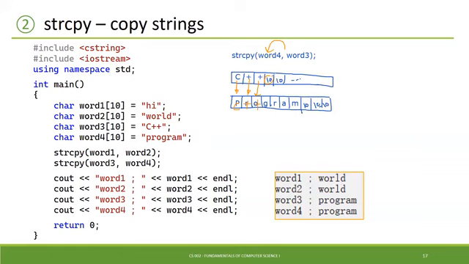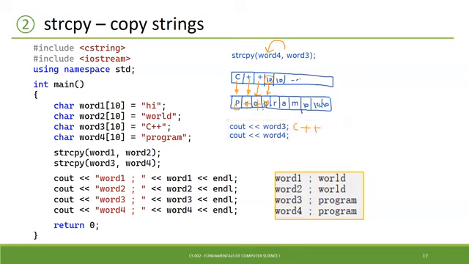And this is null. The computer will save this null here, and then copying stops. And after that, if you print out word 3, if you print out word 4, they both will give you C++.